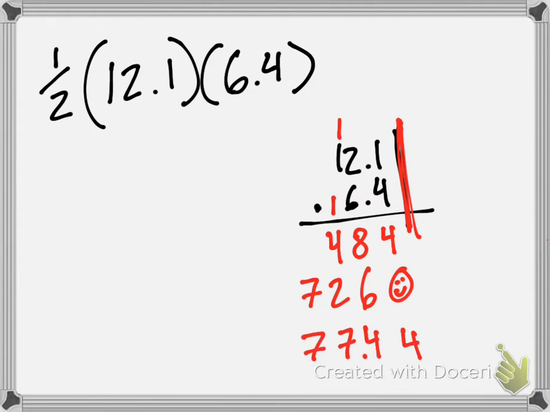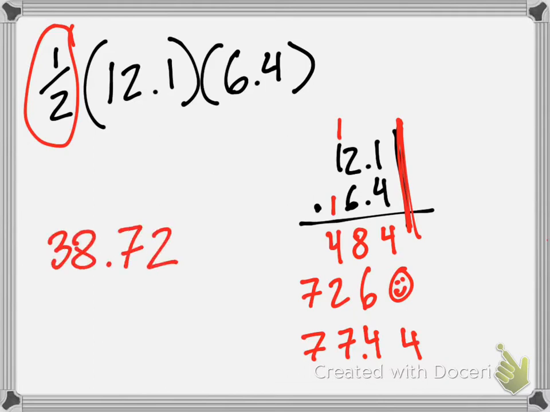But is that my answer? No. What do I still have to do to it, Hannah? Excellent. I still have that half there, so I have to divide it by half. And what did you get when you divided it by half? I have 38 point something, but it's not working. 38.72.